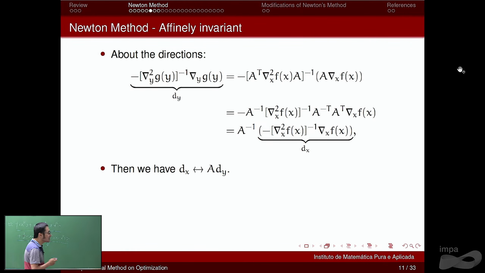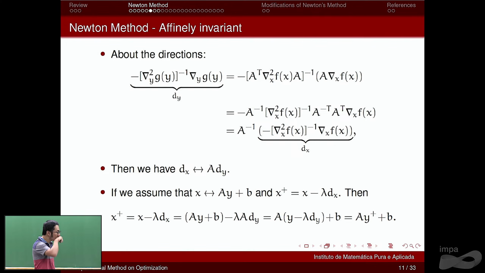So we get the conclusion: the Newton direction dx with respect to f and the Newton direction dy with respect to the function g are connected by the same transformation, but without b.